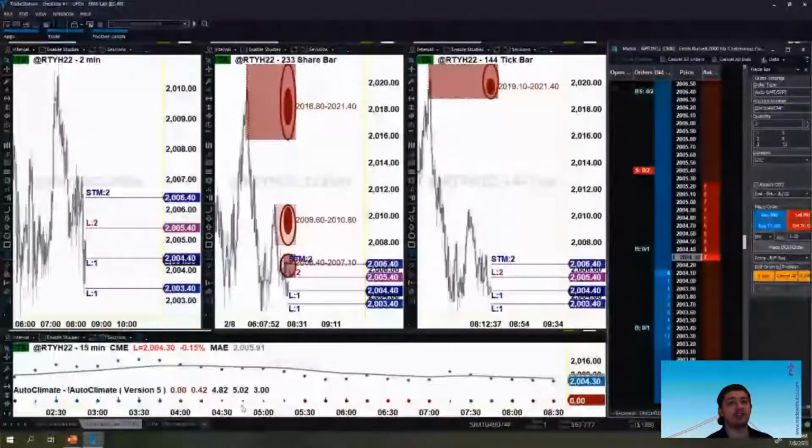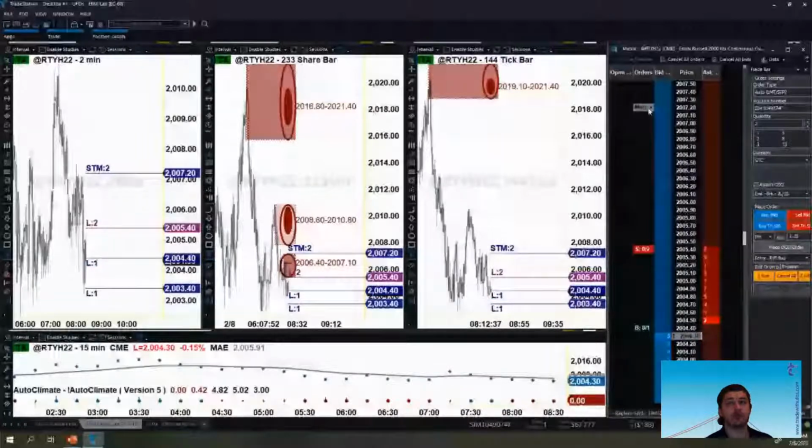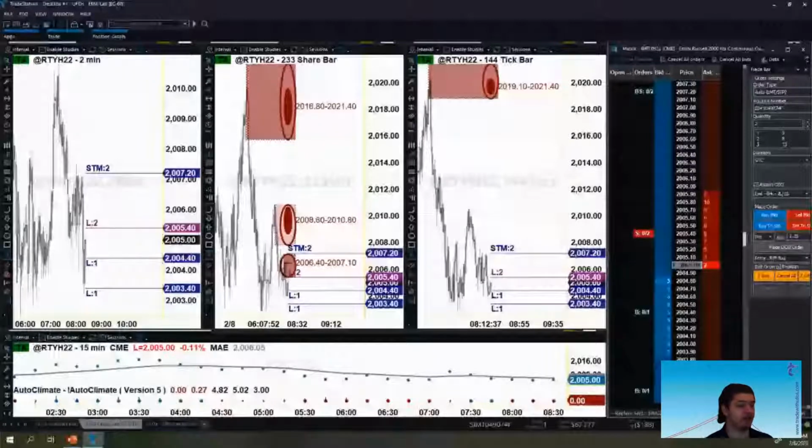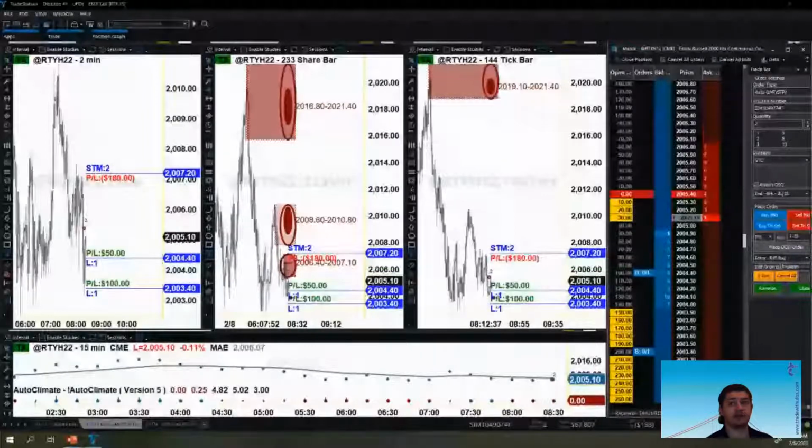Otherwise, we should not be getting into two trades where you haven't gotten your T1 first, where you haven't secured some profits. But I'm just setting this up because the euro looks like it's going to stop out, and if it does, it is what it is. It's actually a few ticks away from stopping out. Let's see here, 2007.